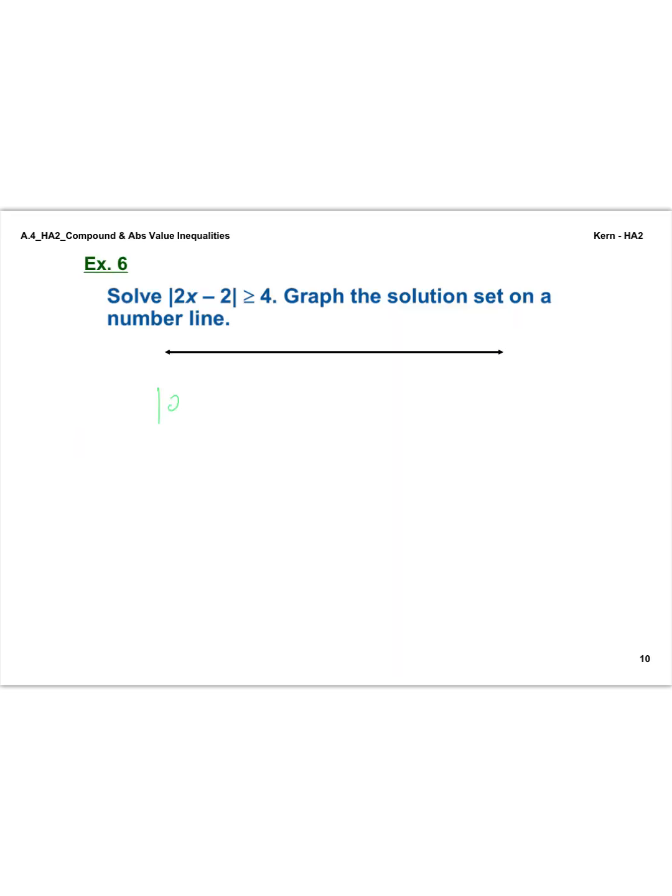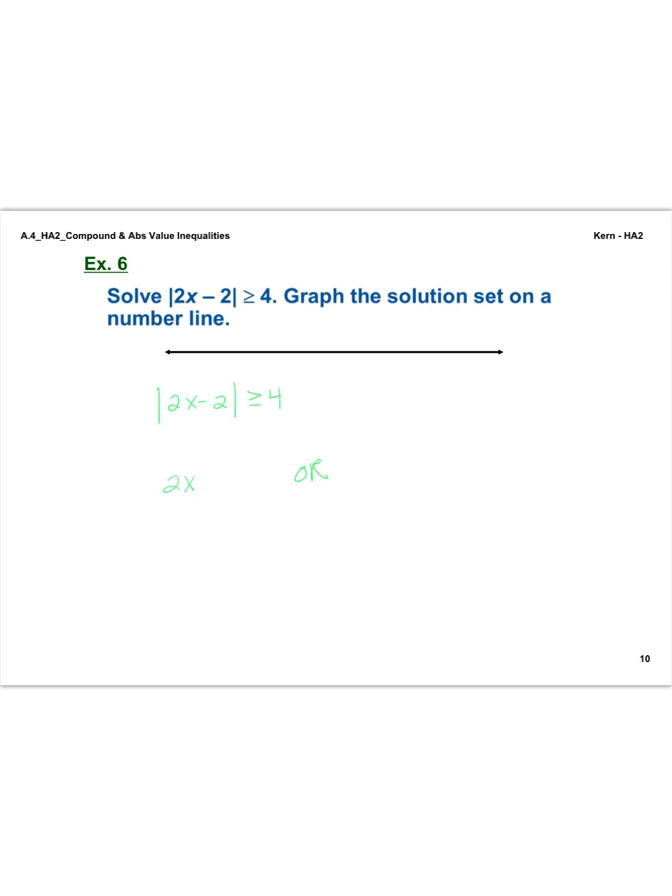So absolute value of 2x minus 2 greater than or equal to 4. It's isolated already, so now we figure out which type of problem we set up. We have a greater than sign, so it's a greater problem. So we're setting up an OR inequality. So here's how it works.